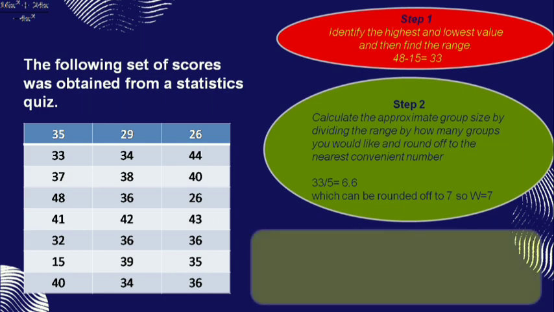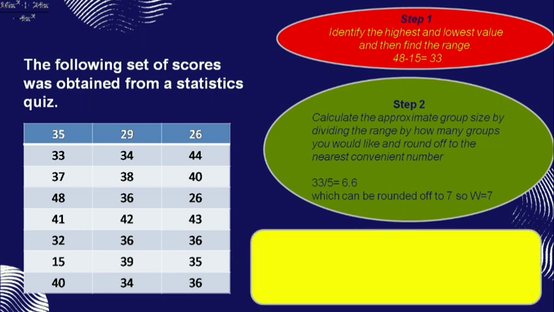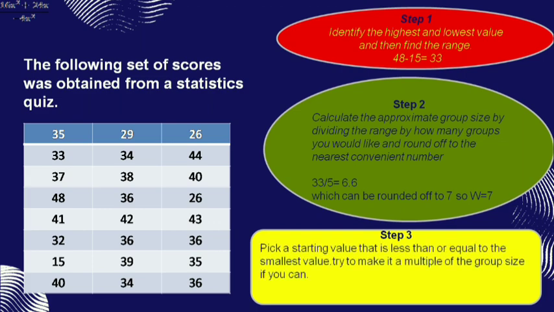The next step is to pick a starting value that is less than or equal to the smallest value. Try to make it a multiple of the group size. Our smallest value is 15 and the value that is equal or less than 15 and a multiple of 7 is 14. Therefore, our starting value will be 14.